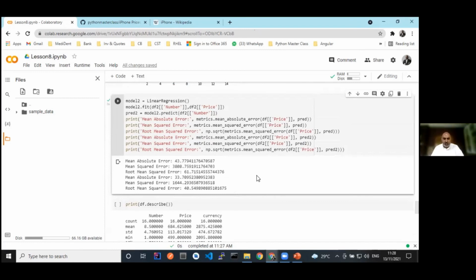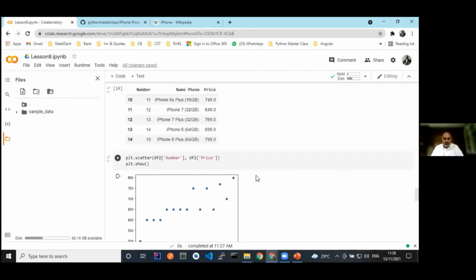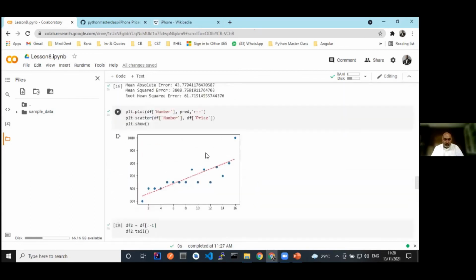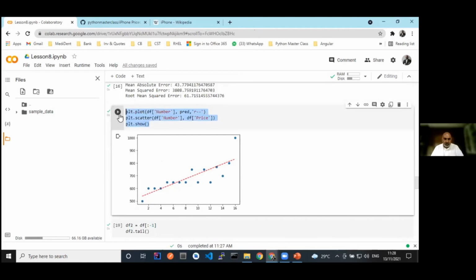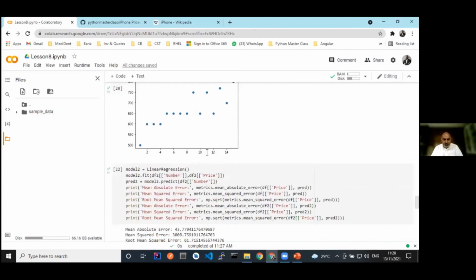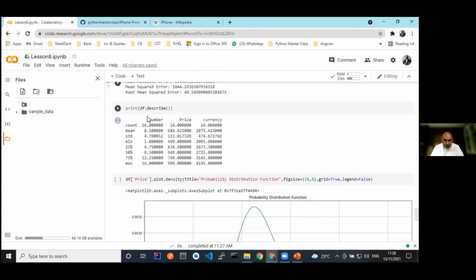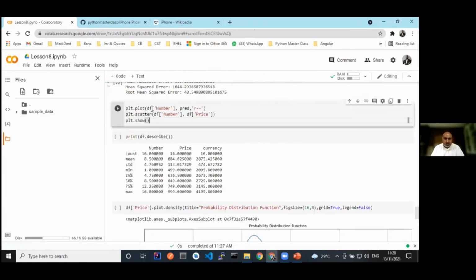So we can actually plot this. All you have to do is go back to this one here, and copy this. And I will create another code line here. And this time I will put df2, predict 2, df price 2, and df2, and show.